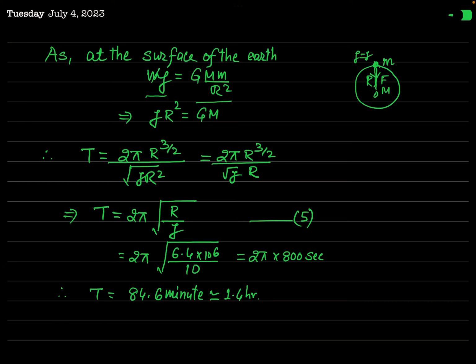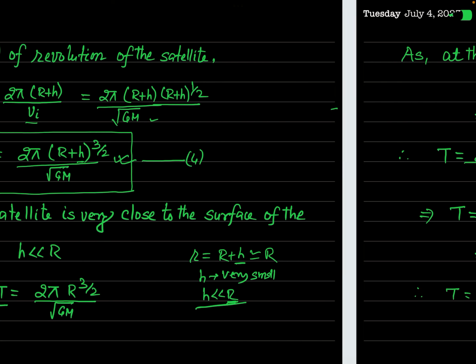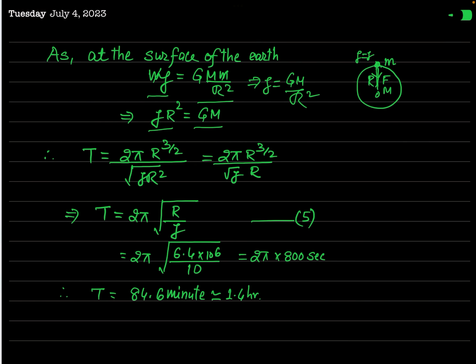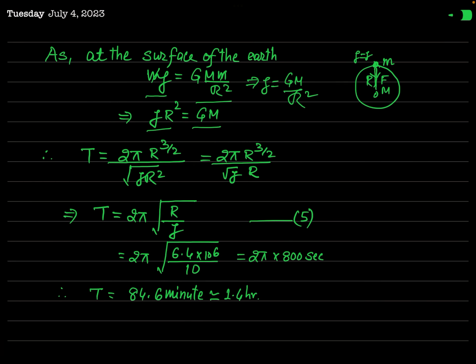And so from here you can see that this m and m will cancel out, and acceleration due to gravity at the surface of the earth is simply GM divided by r square. So you can see gR square will be equal to GM. Hence, in this expression, in place of GM, you can now write gR square, where g is the acceleration due to gravity at the surface of the earth.